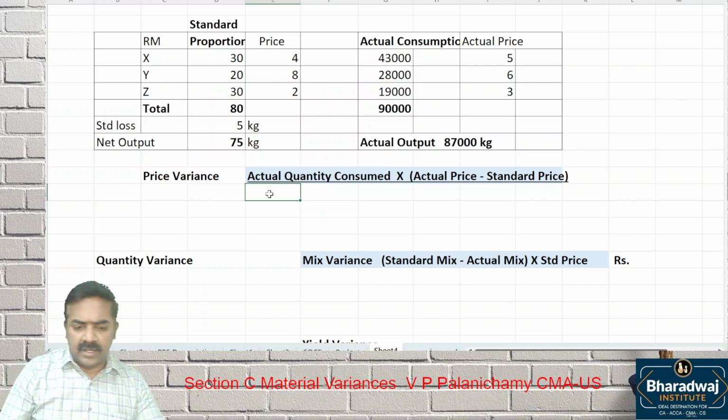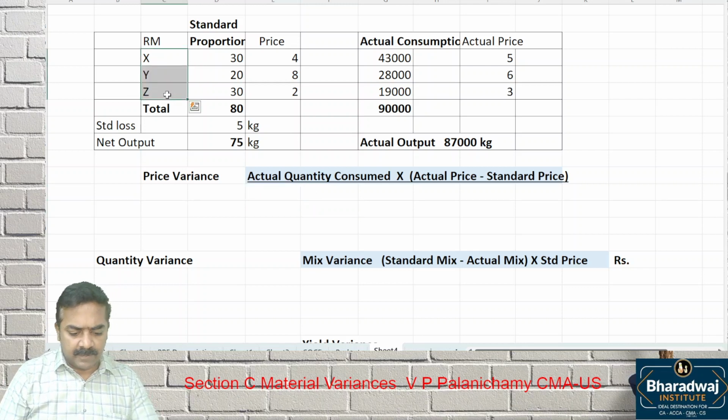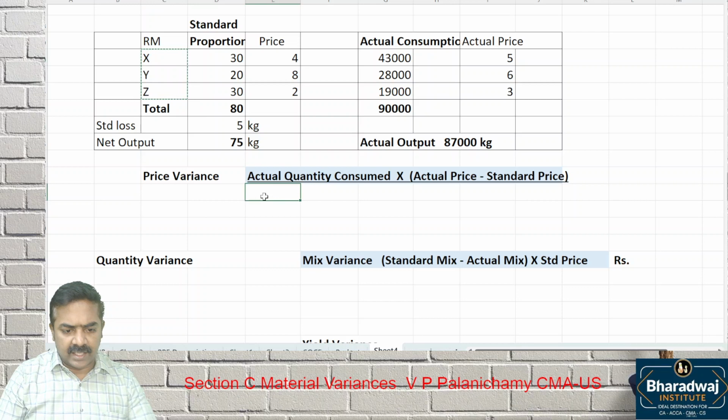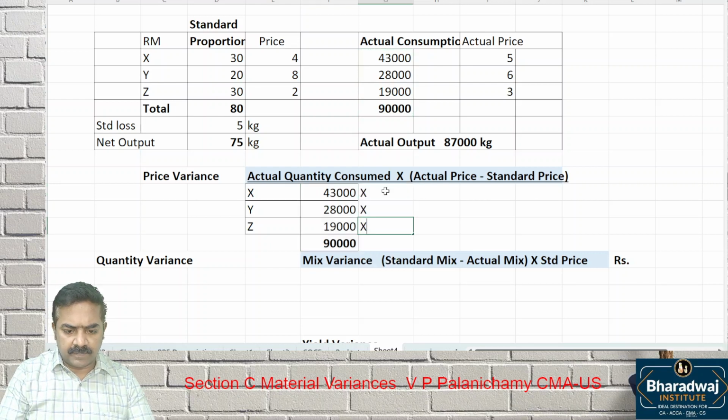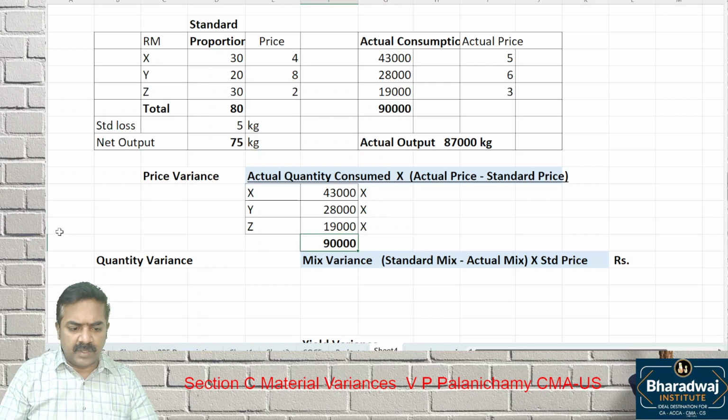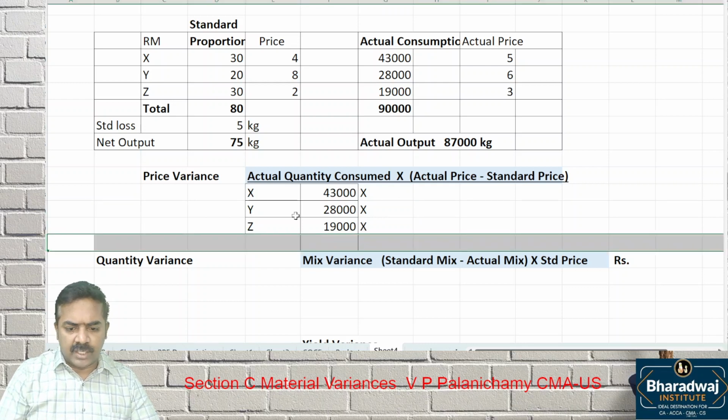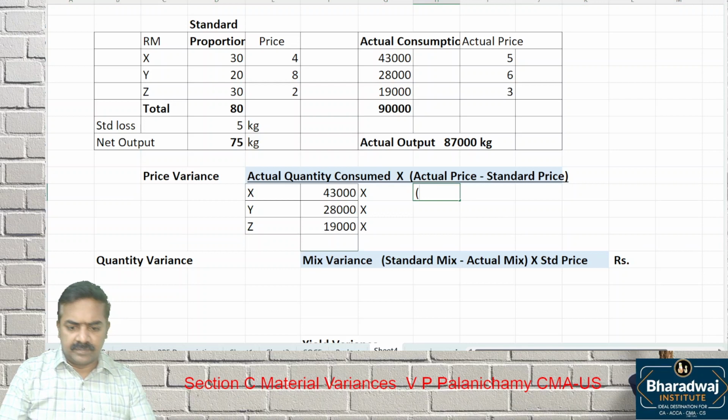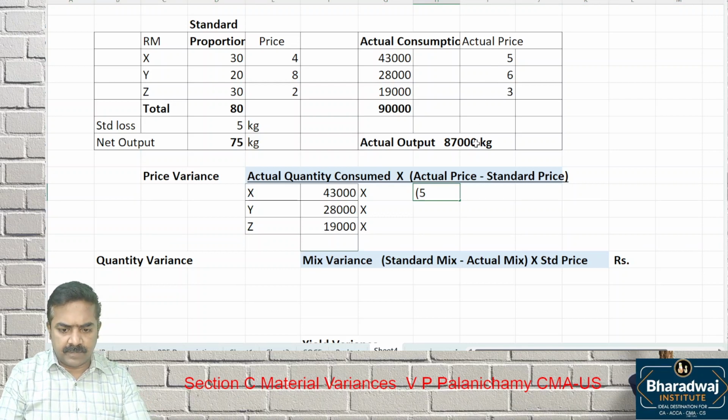What is the actual quantity consumed for X? Multiply it with the difference between actual rate and standard rate, 5 rupees minus 4 rupees. So we spent more, 43,000 into 1, 43,000 unfavorable.